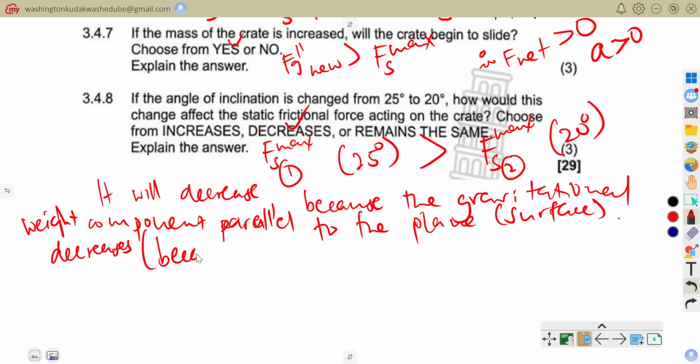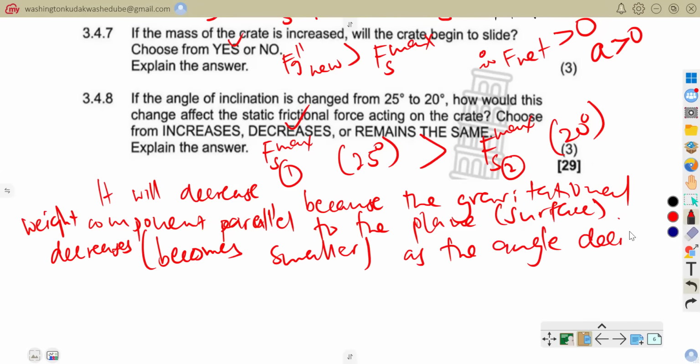It decreases or else becomes small as the angle decreases. As the angle decreases or else becomes small. That is what we're supposed to say there.